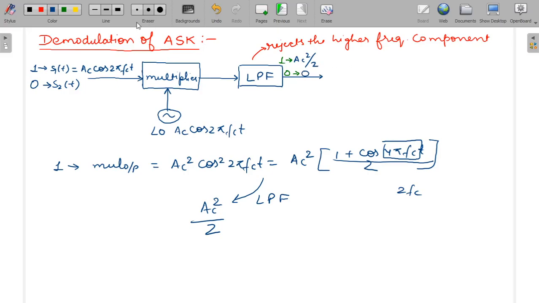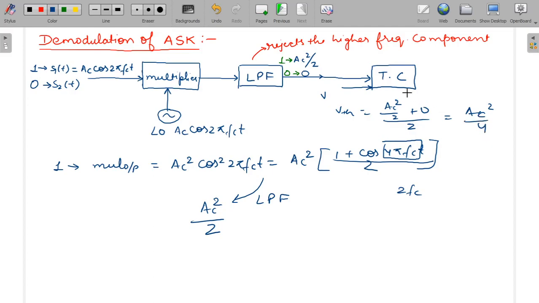Now what will we do? We will pass this low pass filter output through the threshold comparator. Now the threshold comparator value, what will it be? There is some Vth assigned here. This Vth is equal to Ac squared by 2 plus 0, by 2, that is equal to Ac squared by 4.